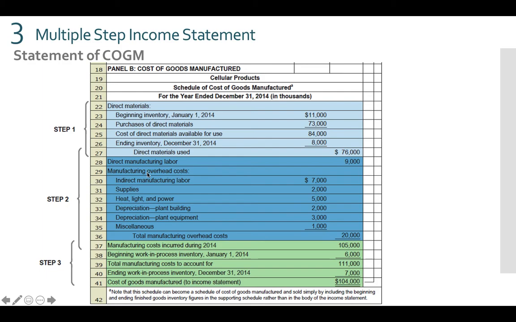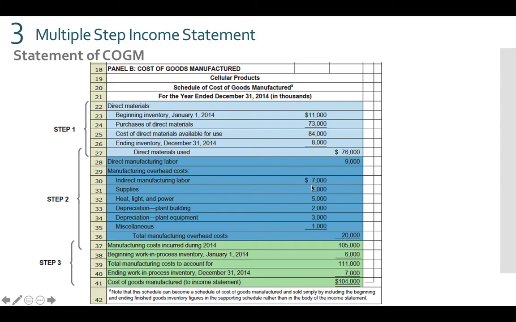And we also have to account the manufacturing overhead costs, which usually are the indirect costs in the manufacturing process. So there are several kinds here. For example, the indirect manufacturing labor, supplies, heat, light, and power, and also depreciation. And the total manufacturing overhead, we just sum all these numbers, so we got $20,000 for that.